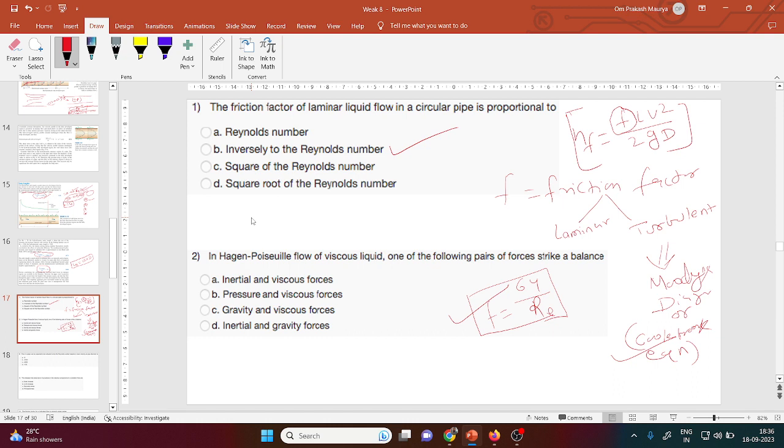Now question number 2. In Hagen-Poiseuille flow of viscous liquid, which one of the following pairs of forces strikes a balance?